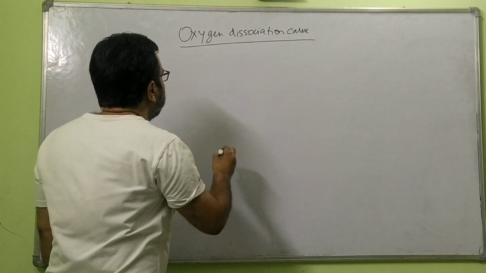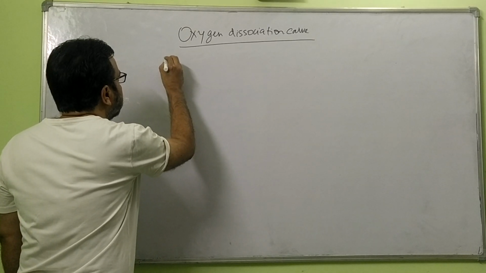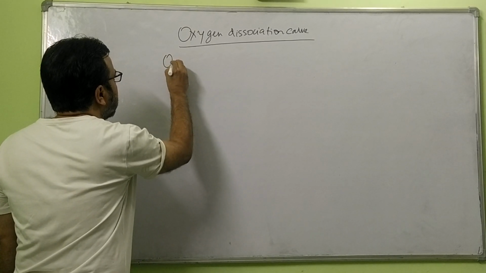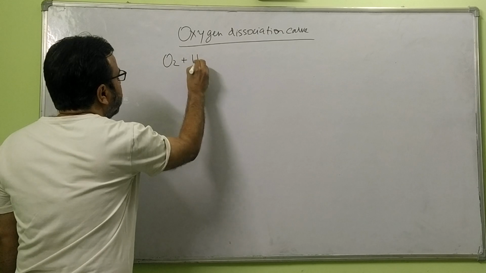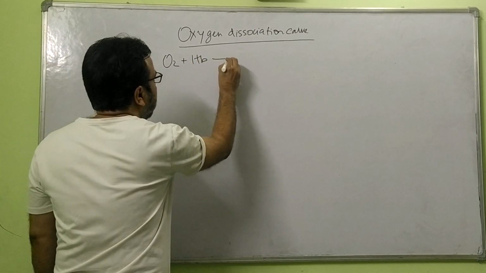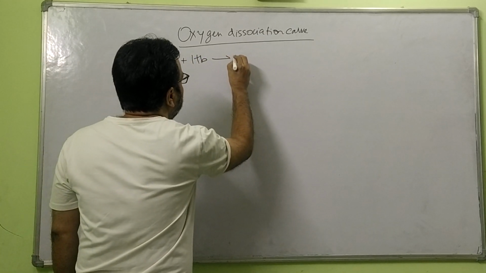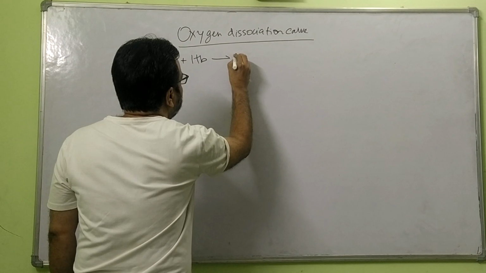You know that oxygen has affinity to bind with hemoglobin and it makes the molecule oxyhemoglobin.